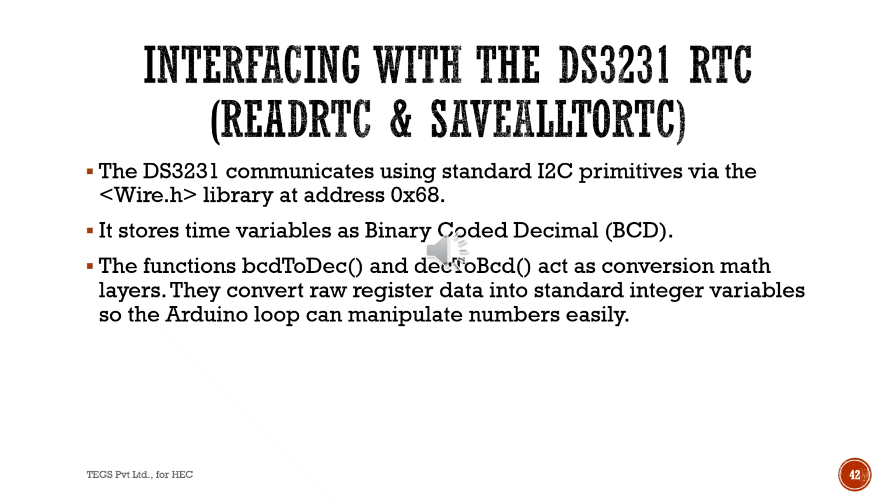It stores time variables in binary coded decimal. The functions BCD to decimal and decimal to BCD act as a conversion mapping layer. They convert the raw register data into standard integer variables so that the Arduino loop can manipulate the numbers easily.